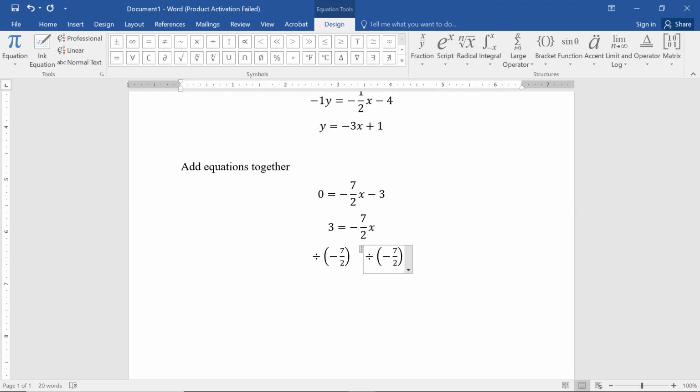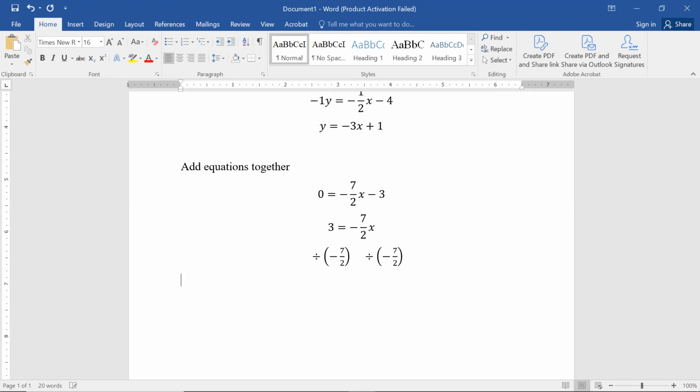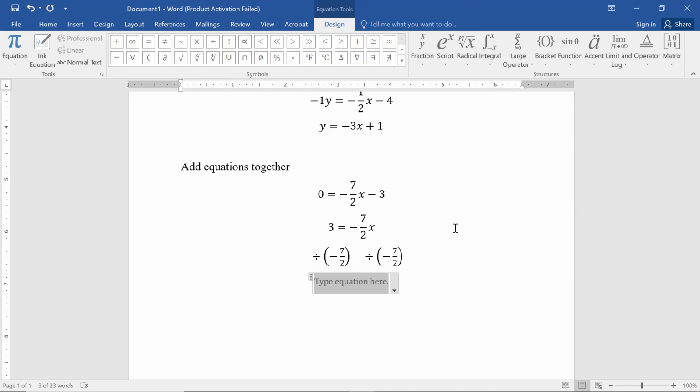So take 3 and divide by -7/2, and you get some really ugly number, -0.85714 in decimal version, which if you convert that to a fraction using your calculator, you end up getting -6/7, which is equal to x.